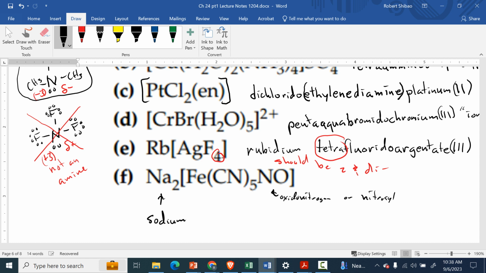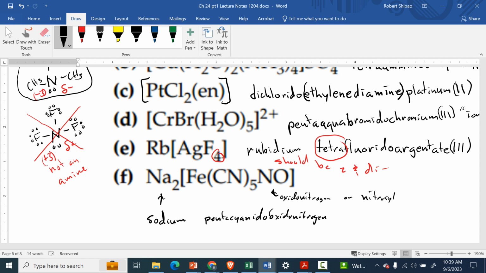All right, so which one do we go first? Cyanide, okay, versus oxidonitrogen. And so we have 5, that's penta. Cyanide or cyanido? Cyanido. And then this is all one word, oxidonitrogen. If you call it nitrosyl, that's fine. Pentacyanido(oxidonitrogen).